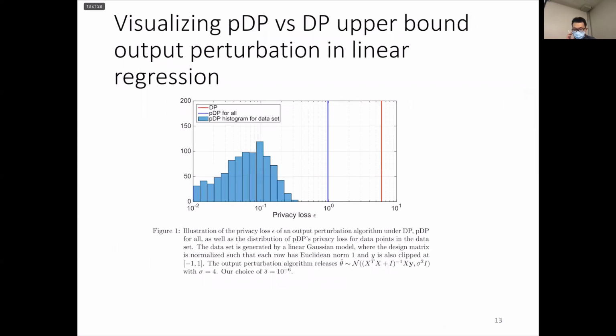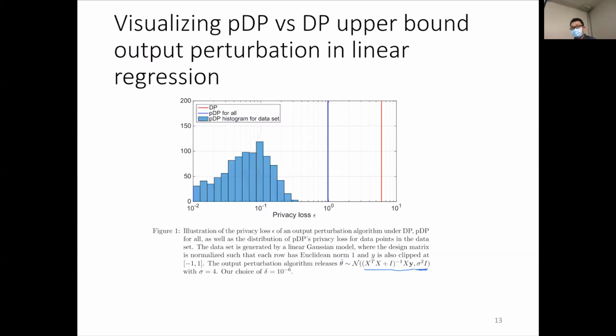Okay, so just to illustrate per-instance differential privacy versus the worst case DP for a little bit. We consider this output perturbation mechanism that we talked about earlier. For linear regression, we know that we can privately release the smallest eigenvalue, and then this output perturbation effectively adds isotropic Gaussian noise to the ridge regression solution. If we do that and calculate the per-instance DP that's specific to every individual in the data set, each one of them gives me a number epsilon.